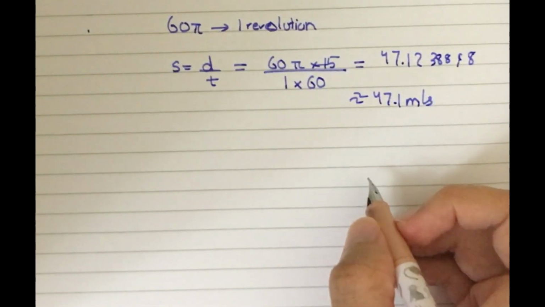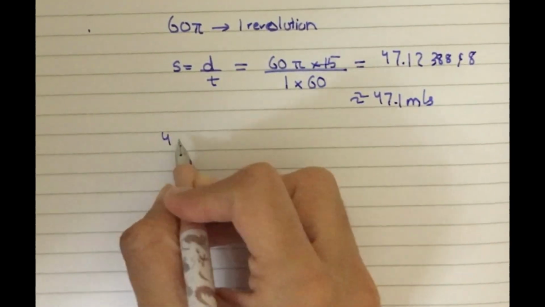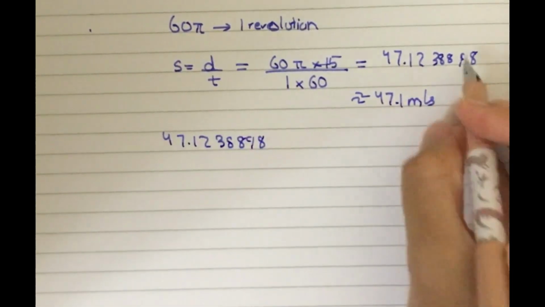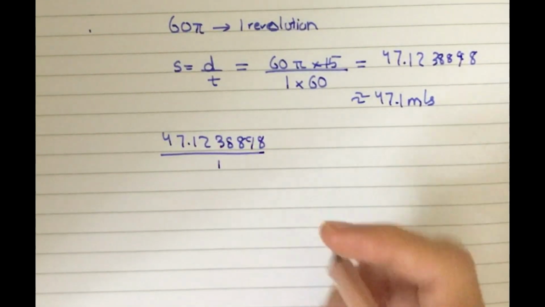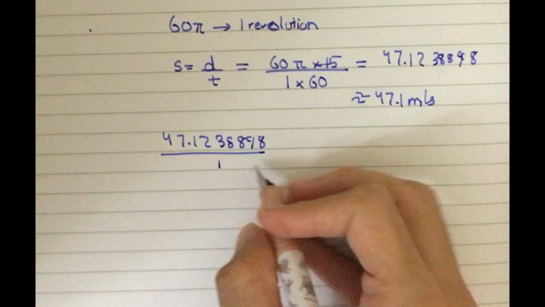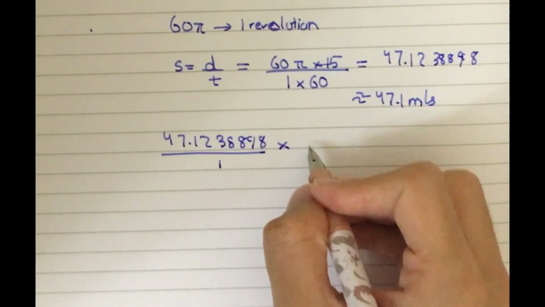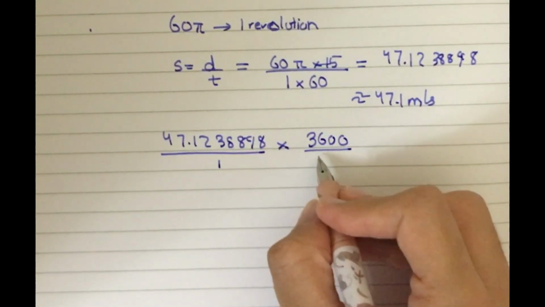Now we need to convert it to kilometers per hour, as the question said. This value is in meters per second, so let's write it like that, with one underneath the seconds. We will multiply it by 3600 and 1000 meters.